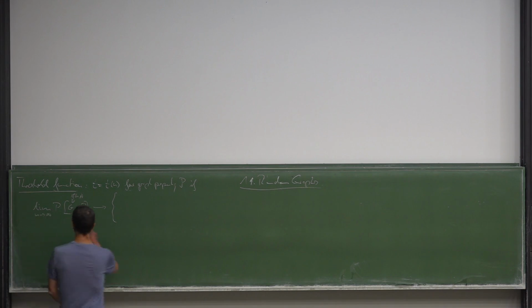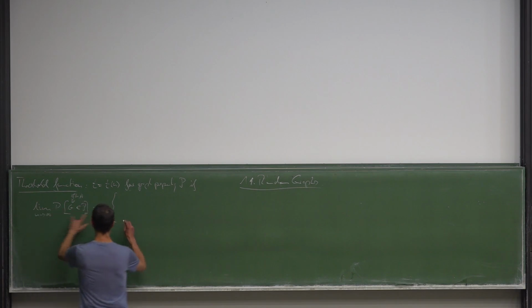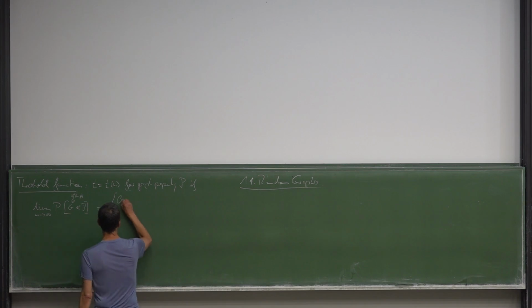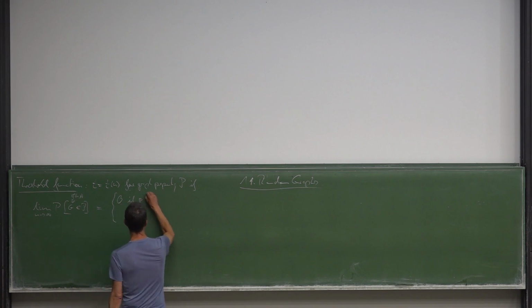Okay? So the probability that G has this property should tend to 0 if p divided by T tends to 0.